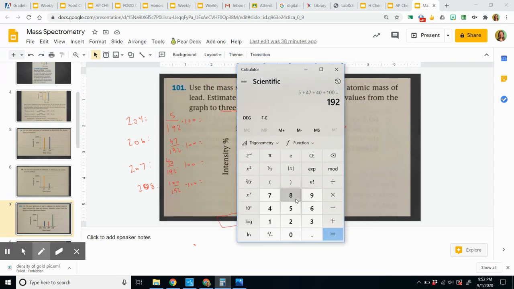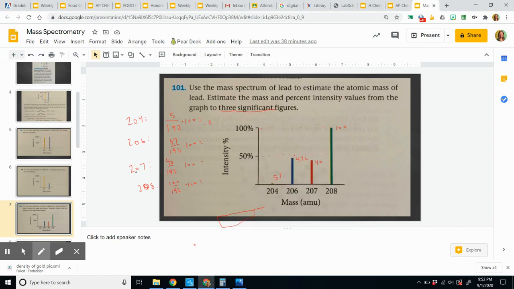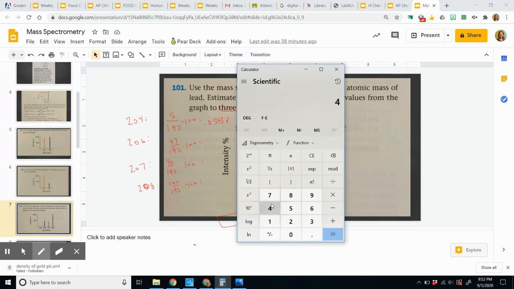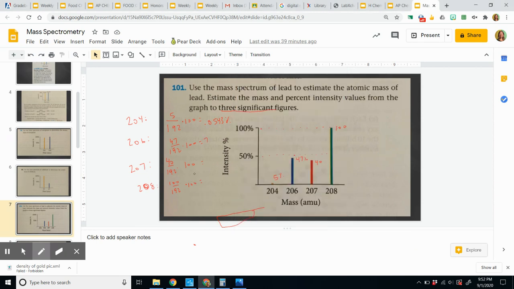So we have 5 divided by 192, 0.0543 percent. 47 over 192, 24.5. 24.5%.